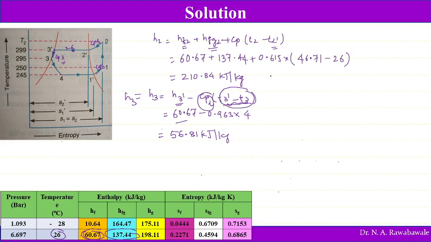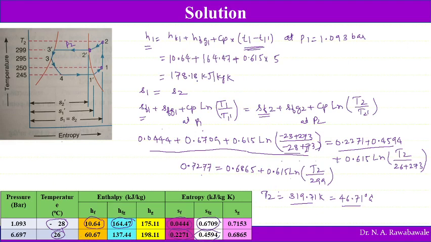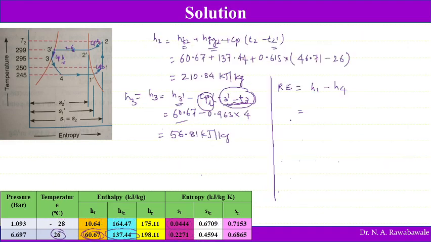Now from this we can find the refrigerating effect as H1 minus H4. H1, which we have calculated here, is 178.18, minus H4, where H4 is equal to H3, which is 56.81 kilojoules per kg.